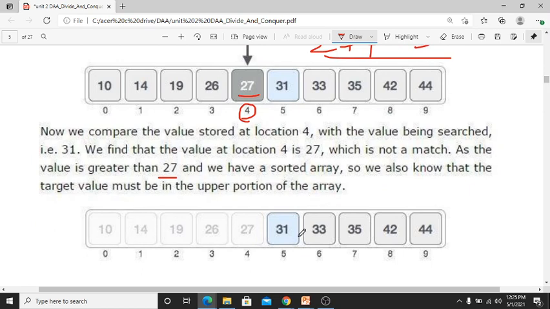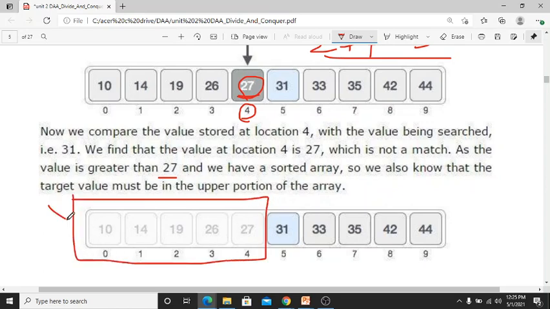Definitely the number we are looking for, 31, will be at the right side of this element, because this is in sorted order. So we need to remove the left hand side because we need to search on the right side.